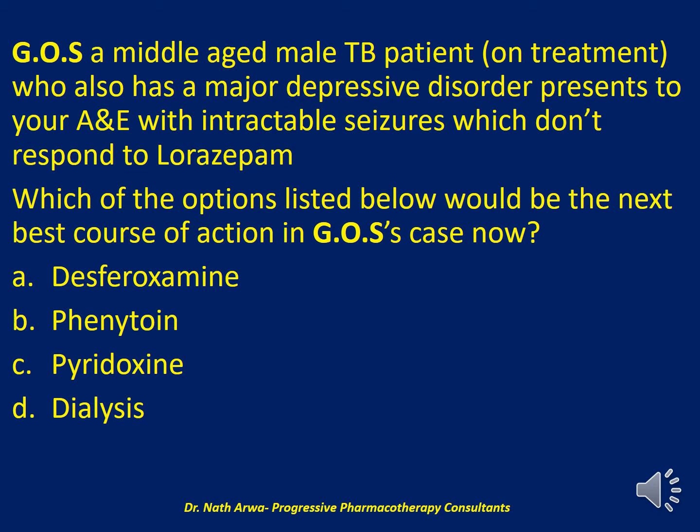My question to you is, which of the options listed below would be the best next course of action in Mr. GOS's case now? Would you opt to administer desferoxamine, phenytoin, pyridoxine, or would you opt for hemodialysis? I'll give you 10 seconds to choose the correct answer.